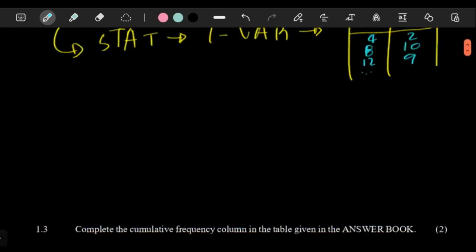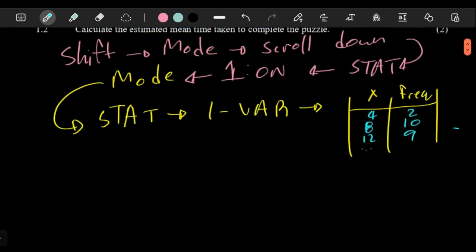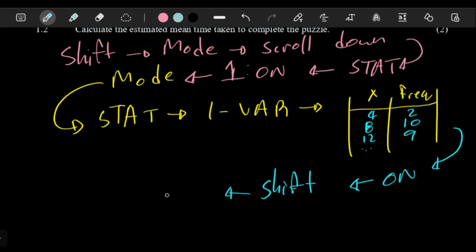After you do all this, you press the on button, the actual on button, and then you're going to press shift, then the number 1 button. It has stat written at the top here. Shift 1, and then you're going to press var.